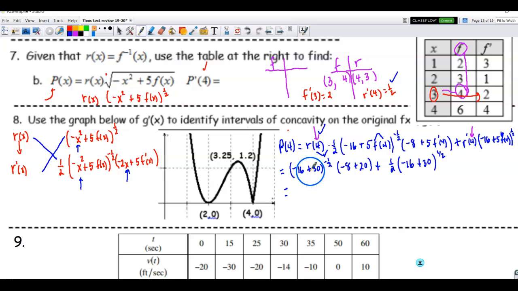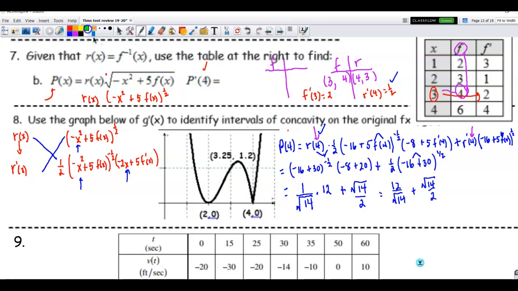Negative 16 and 30 is going to give me 14 to the negative 1/2 power, so I'm going to make that 1 over the square root of 14, got to go slow, multiplied by negative 8 and 20 is 12, plus a half. So negative 16 and 30 is still 14, so that's the square root of 14 in the numerator over 2. So 12 over the square root of 14 plus the square root of 14 over 2.